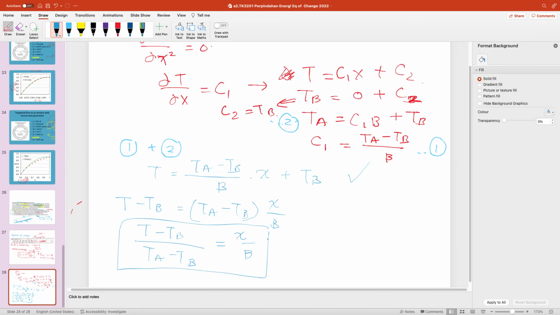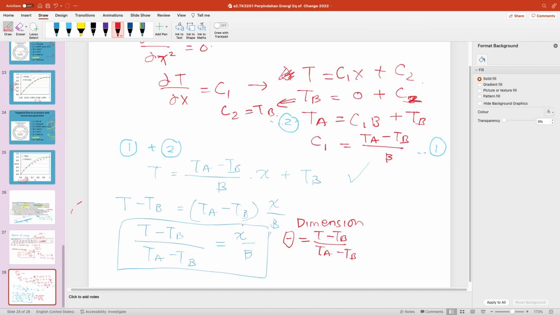I think that's why people like to write using dimensionless. So if I have additional questions, do you want to make it dimensionless? Maybe we can make dimensionless, for example, using theta as (T minus TB) divided by (TA minus TB).